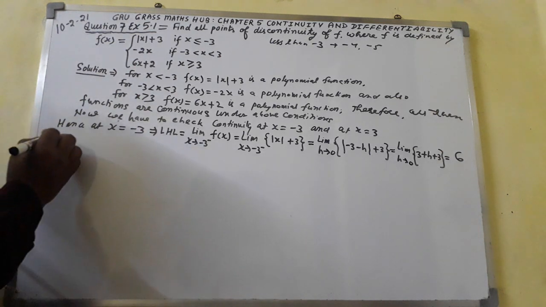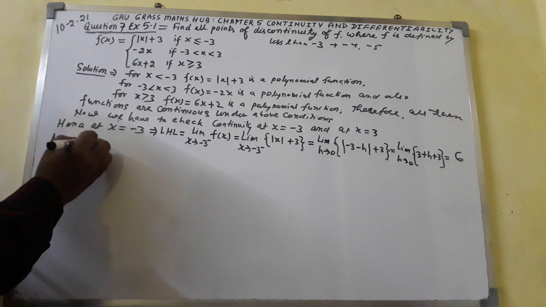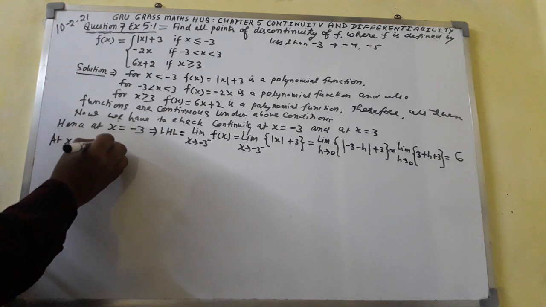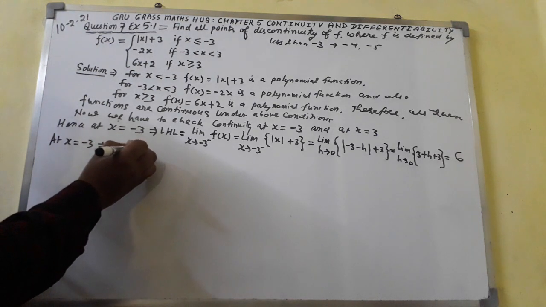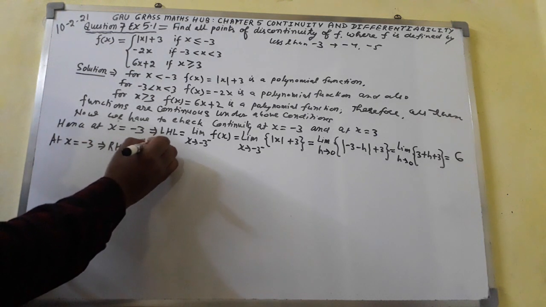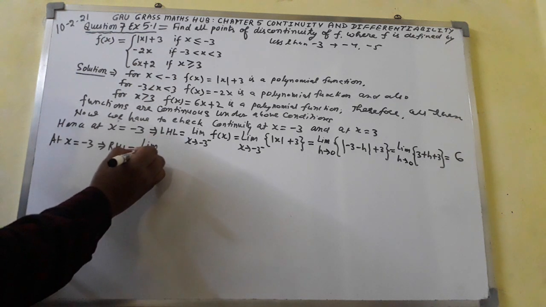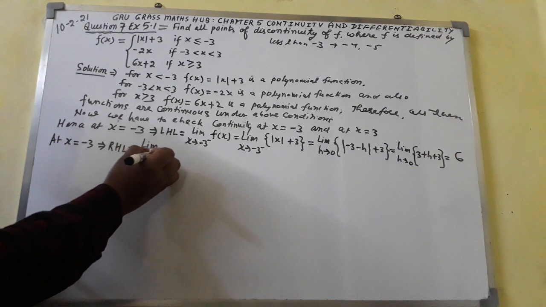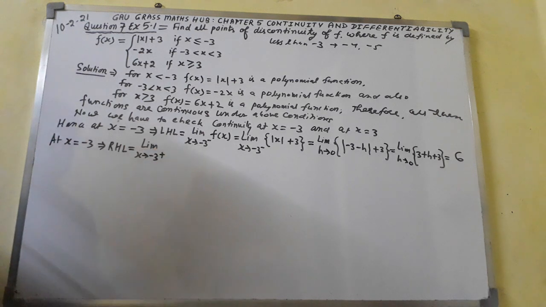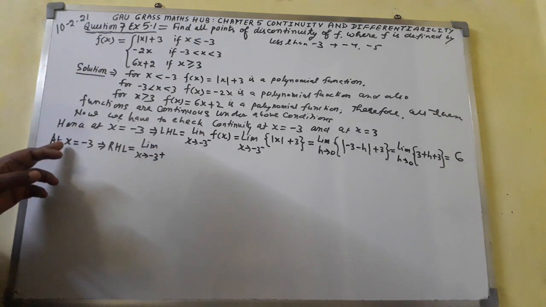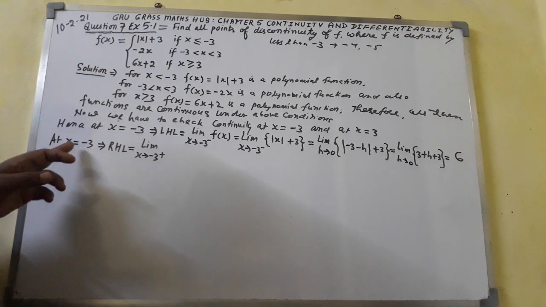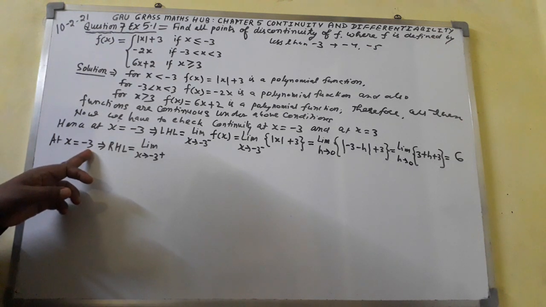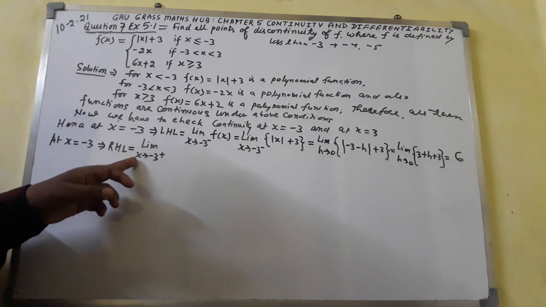So here write, at x is equal to minus 3 implies that right hand limit equals the right hand limit as x tends to minus 3 positive. Here you can see x is equal to minus 3. In that sense, I shall write x tends to minus 3.